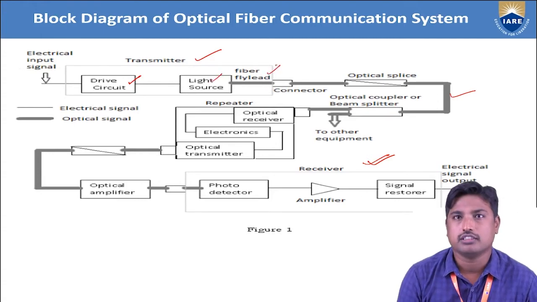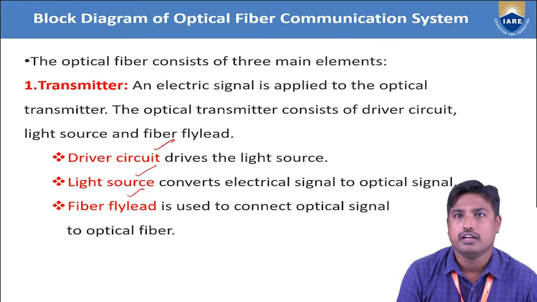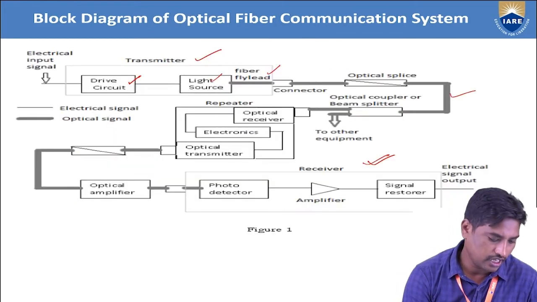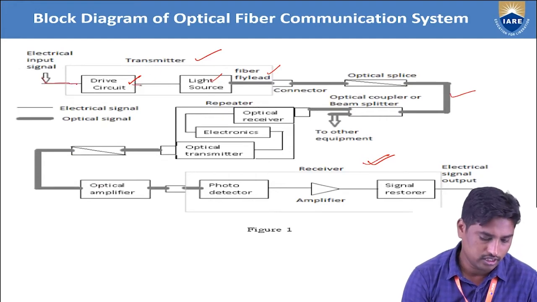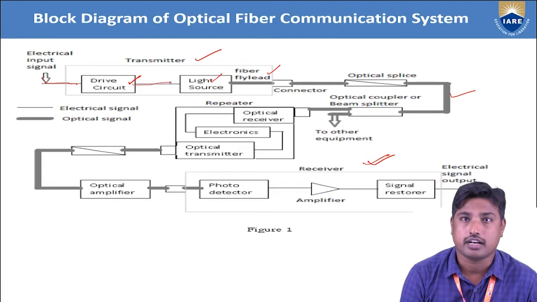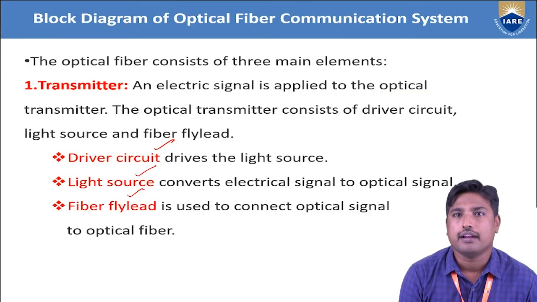What is the function of the drive circuit here? The drive circuit drives the light source. It receives the electrical signals from the input and drives the light source. What is the function of the light source here?